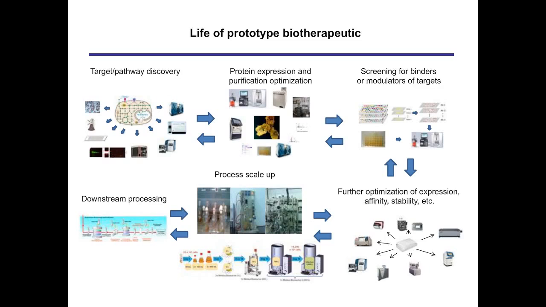Then I'll discuss the screening of proteins for binding targets or modulators of protein targets. And finally, I will discuss a series of methods associated with the deeper biophysical characterization of proteins. I won't spend any time talking about the process scale-up or the downstream processing.